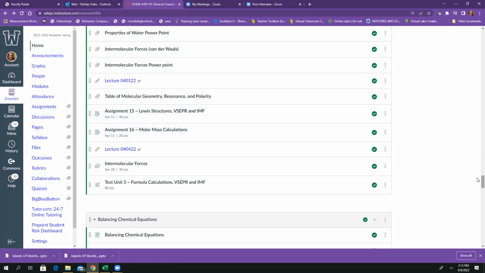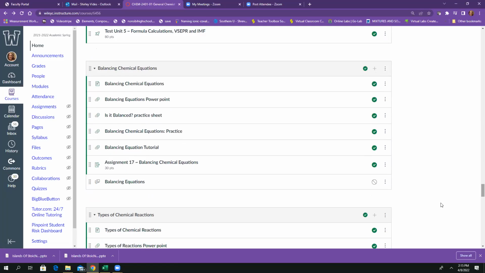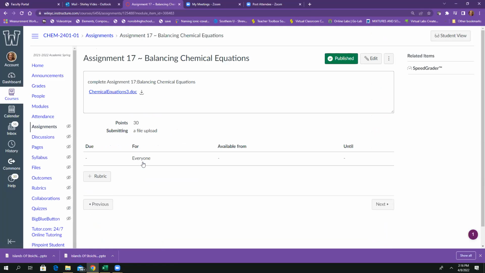So with that in mind, we're moving on to the balanced chemical equations, which is not open yet, but I'm going to open it now since we've already covered it. That's the assignment.